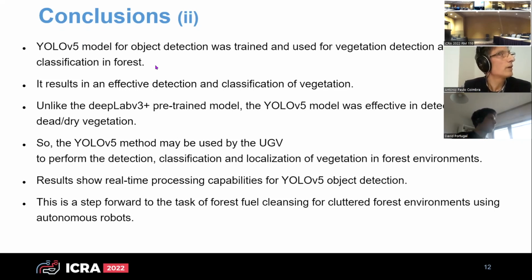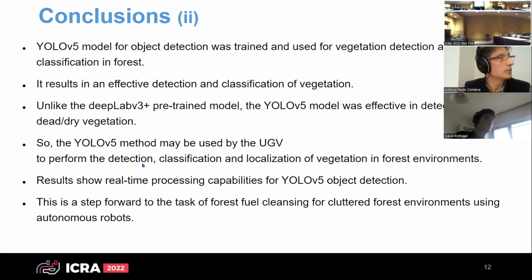Using the YOLO v5 model, the results were also effective for classification of vegetation, and the performance was better in differentiating between live and dead, dry or cut vegetation. So by comparing these two models, the YOLO v5 model looks better to be used for this mission.